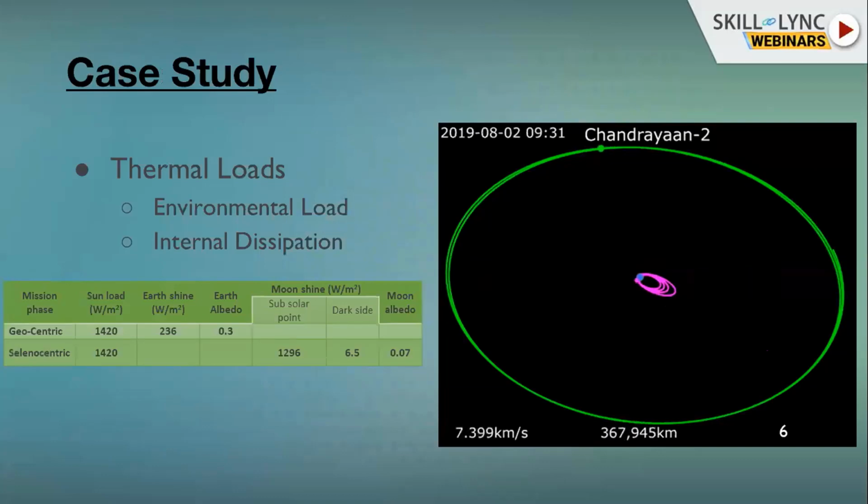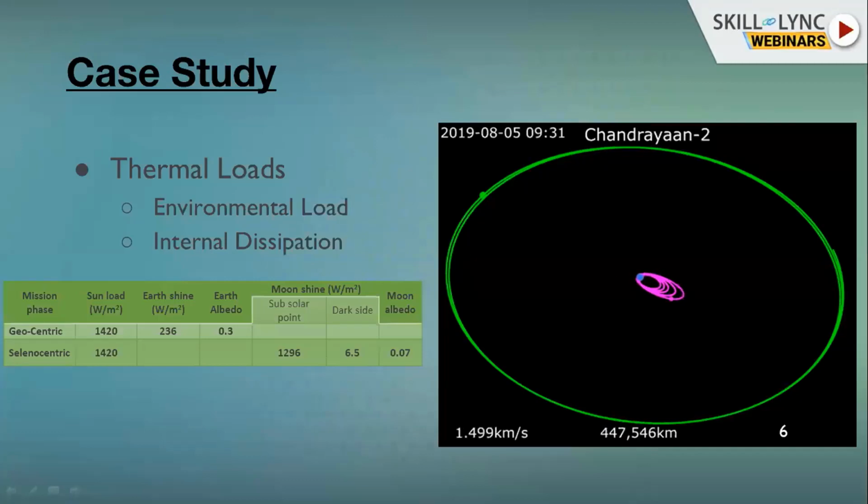Now, if we come to this Chandrayaan-2 profile, there were 6 orbits before it reaches the lunar transfer trajectory. These 6 orbits are basically Earth centric.